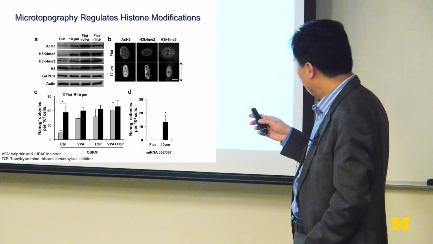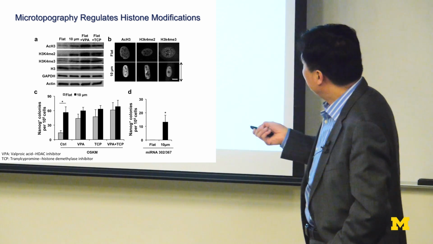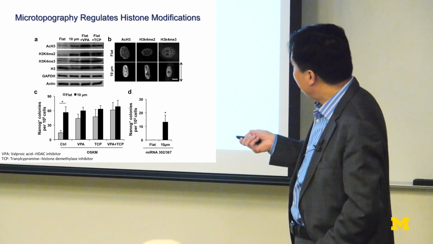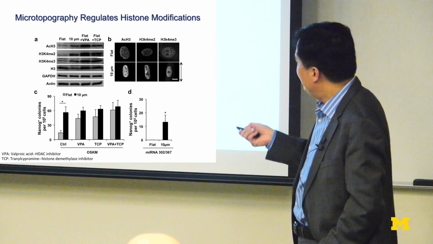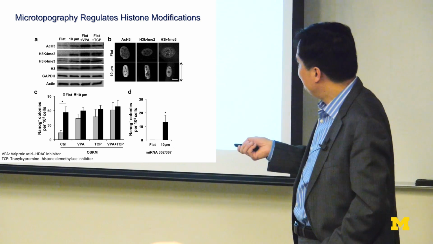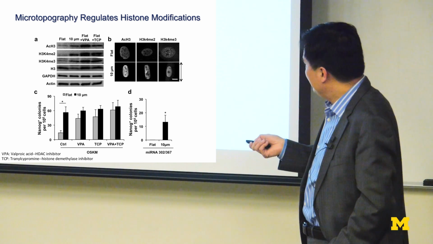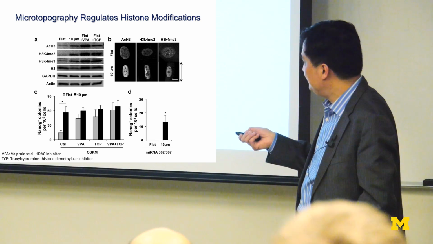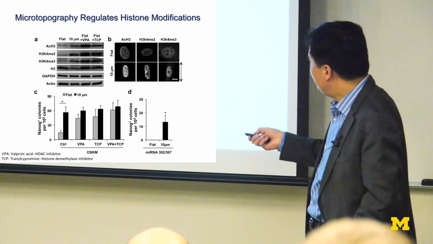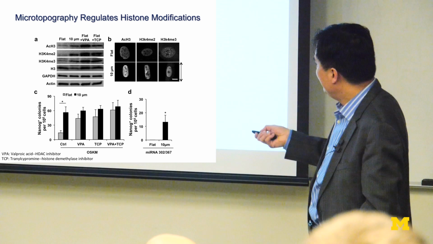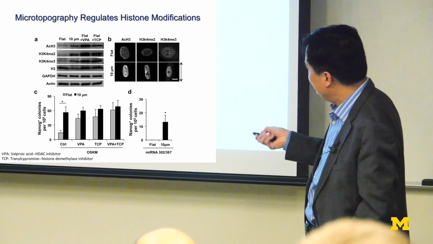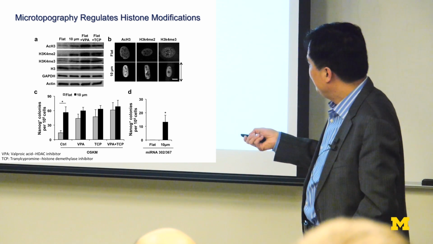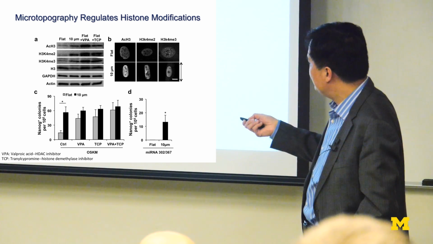And then we compare whether the microgrooves could achieve the same effect as the chemical inhibitors we just showed here. So here you can see on the flat surface, the reprogramming efficiency is relatively low, and it is enhanced by microgrooves. And if you add chemical inhibitors, VPA and TCP, you enhance the reprogramming efficiency.